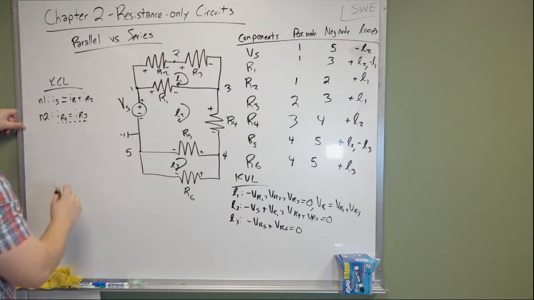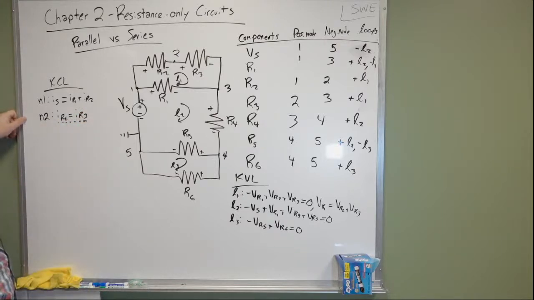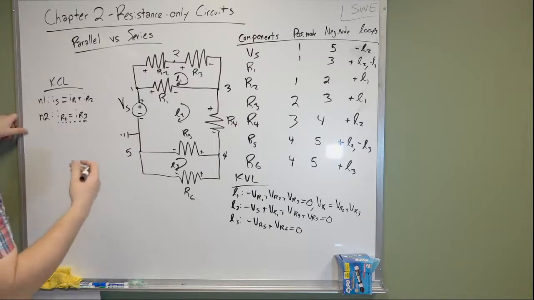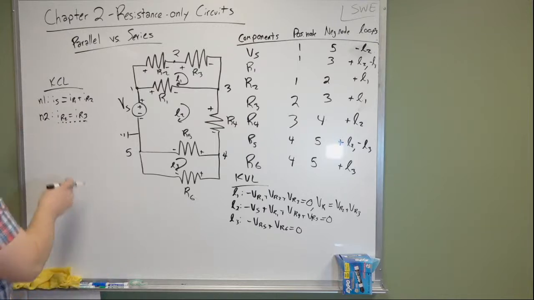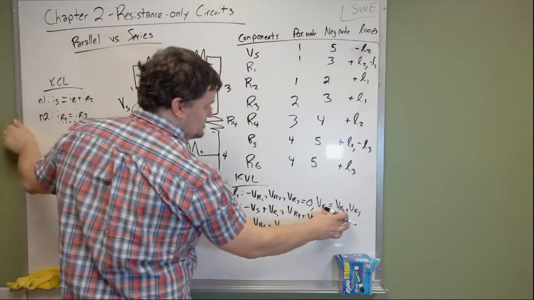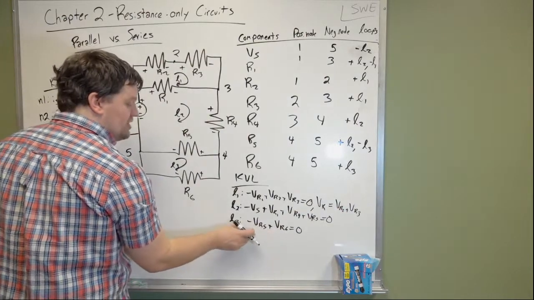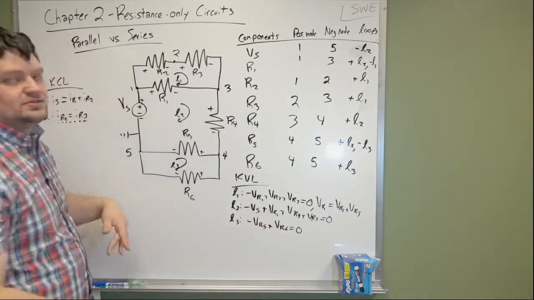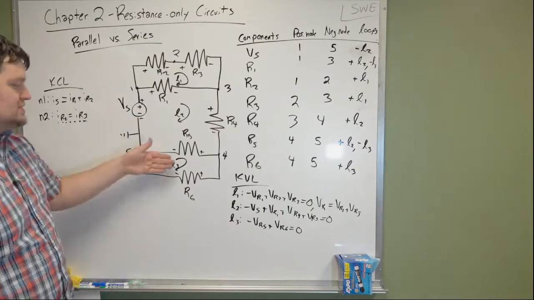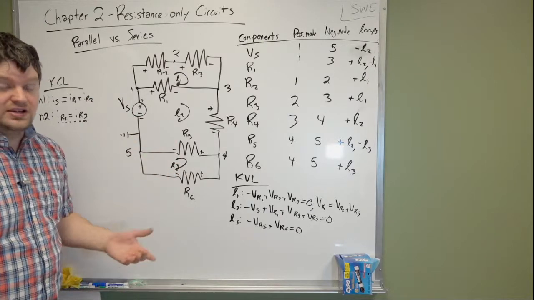Again, this is indicative that they are in series because the current coming out of one is equal to the current going into another. Anytime you have this type of relationship, they are in series. Okay? Anytime you have this type of relationship, they are in parallel. Similarly, you have this type of relationship, VR5 is equal to VR6. They are also in parallel. We can see that these components are in fact in parallel.